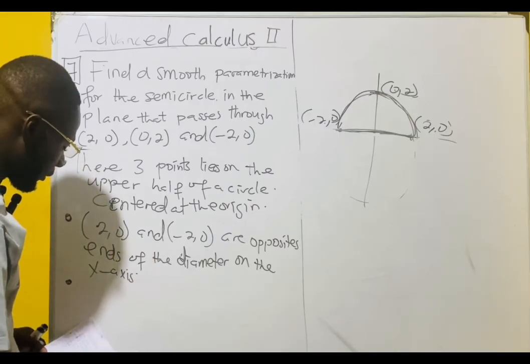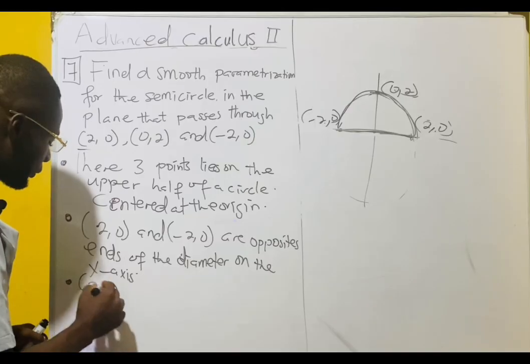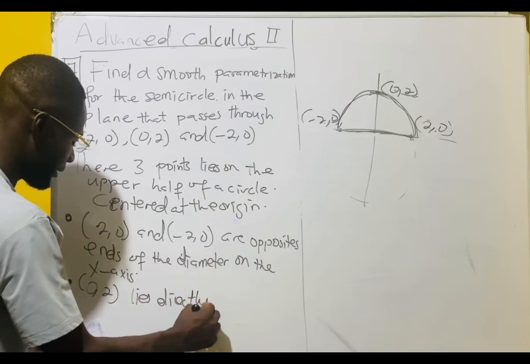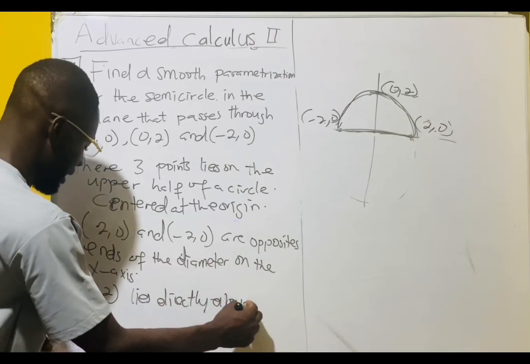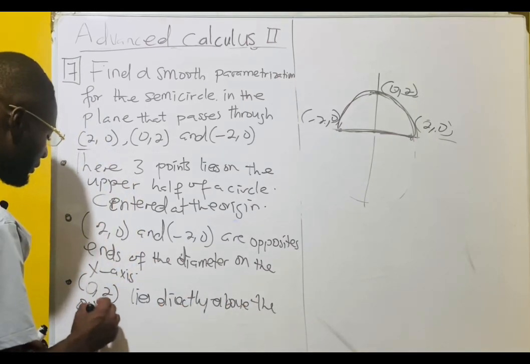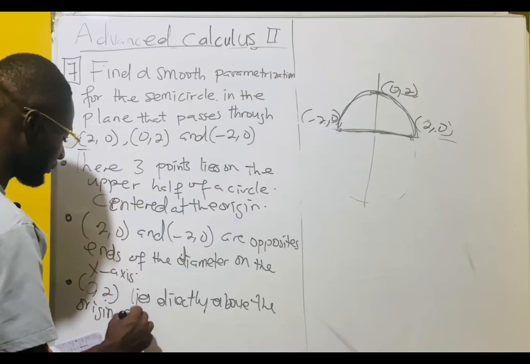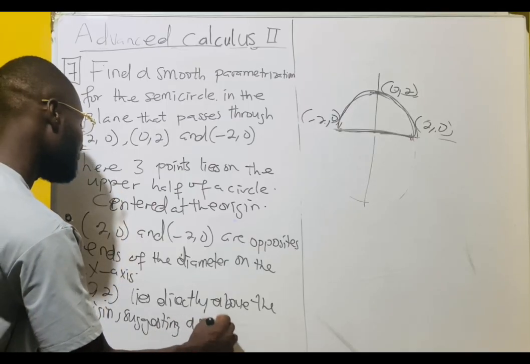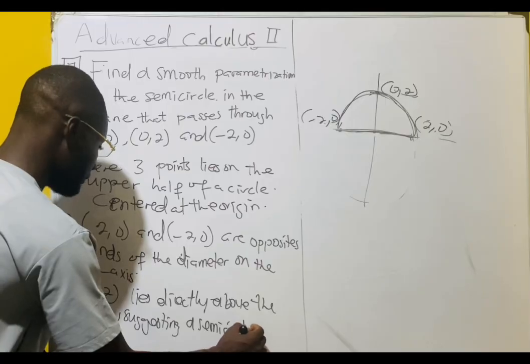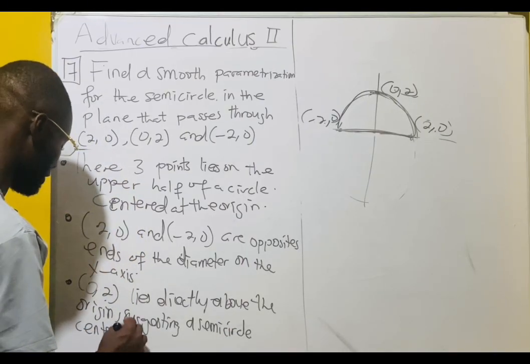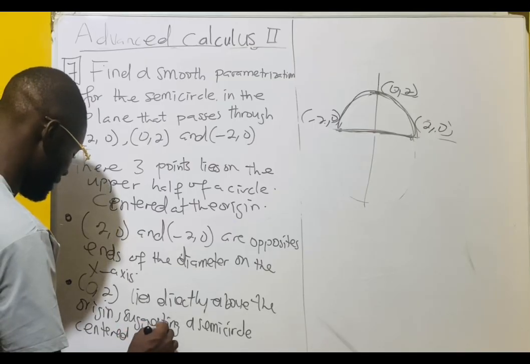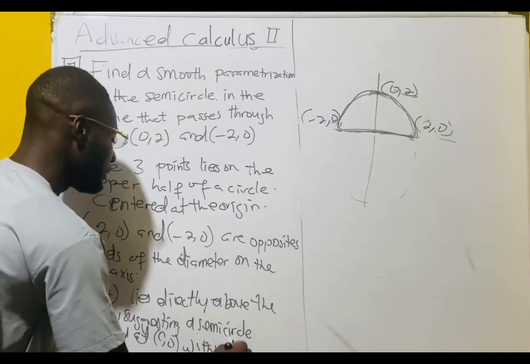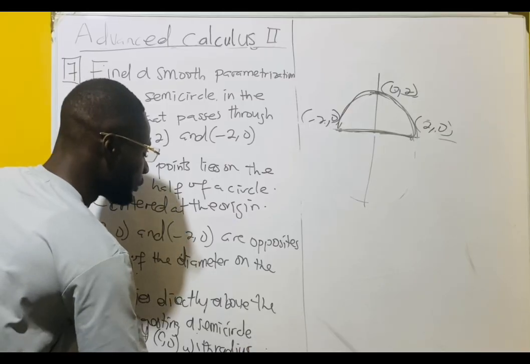Third, we know that (0, 2) lies directly above the origin, suggesting a semicircle centered at (0, 0) with radius 2.